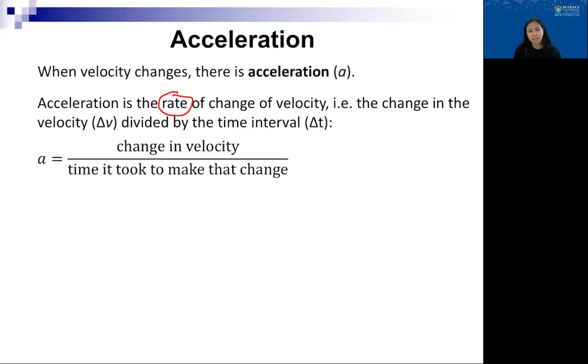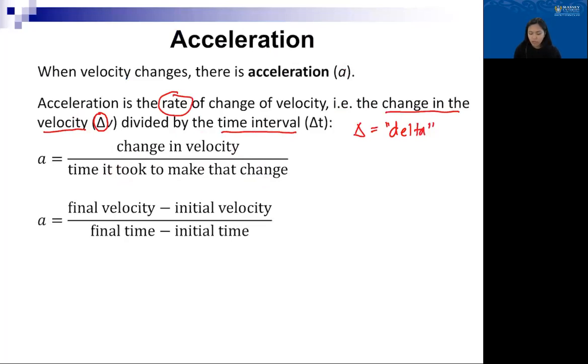So when you say rate of change of velocity, it's therefore the change in velocity divided by a time interval. Right, and we again see this symbol, the Greek capital delta, which means change. So acceleration is therefore the change in velocity divided by the time it took to make the change.